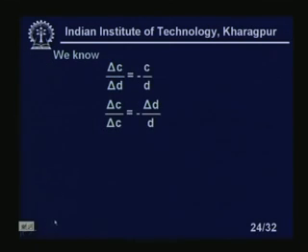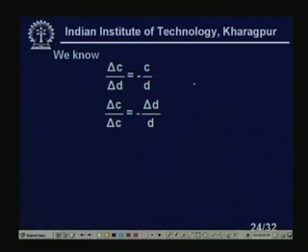We have already seen that C equals epsilon naught epsilon r A by D. So, from that equation, delta C by C equals delta D by D, right.